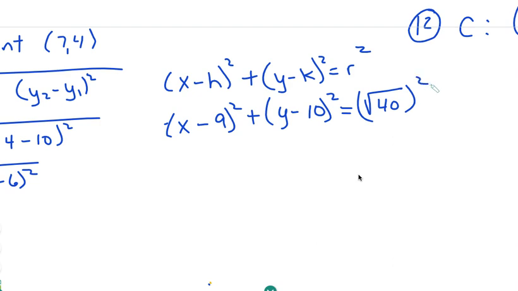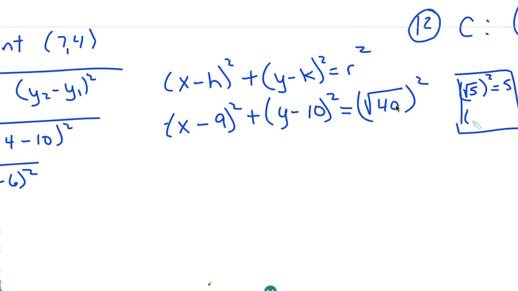Now, I don't have anything I can simplify inside this binomial, I don't have anything I can simplify inside this binomial, but I can square the square root of 40. So remember that if I'm taking the square root of 5 and then I square it, that's just simply going to be 5. It's going to knock out the square root sign.